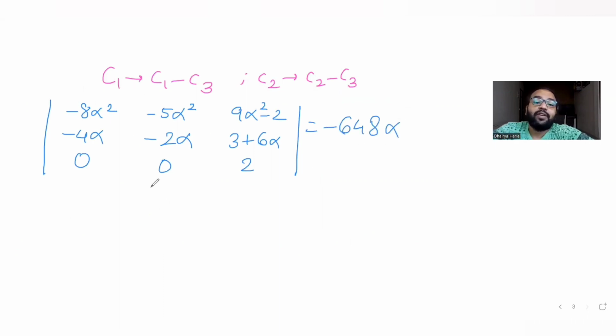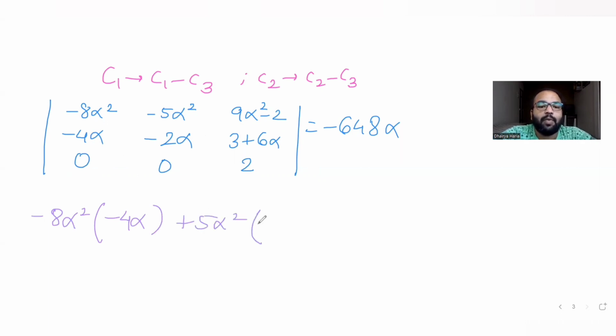Right? So now if I try to solve this further, let's understand. So now I can just find out the value of the determinant because I have already turned two terms to become 0. So let's do that now. If I directly find the value of the determinant now, it becomes minus 8 alpha square into the determinant of this. So minus 4 alpha and this is 0. Minus of minus, so plus 5 alpha square.